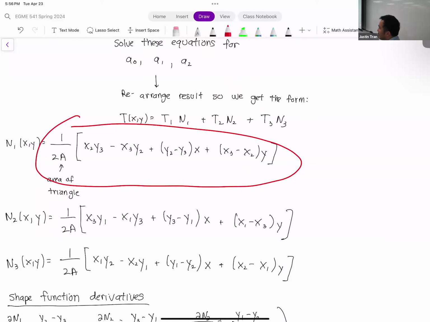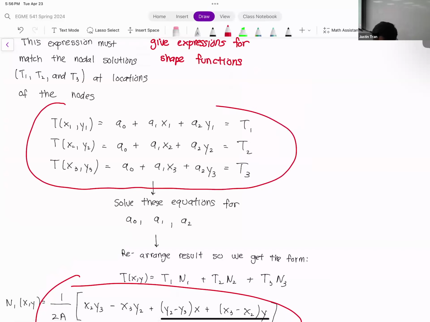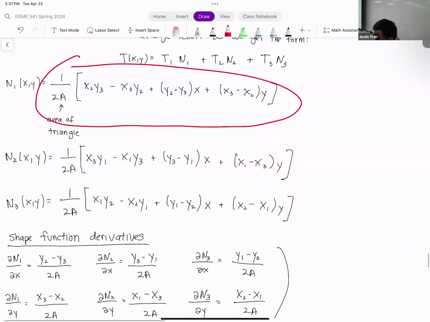But when you take the derivative with respect to y, it's x3 minus x2. And the reason we got those coefficients was to enforce the fact that the solutions at each of the nodes have to equal the nodal solutions, T1, T2, T3. So it's just in the shape functions themselves, they ended up swapping.